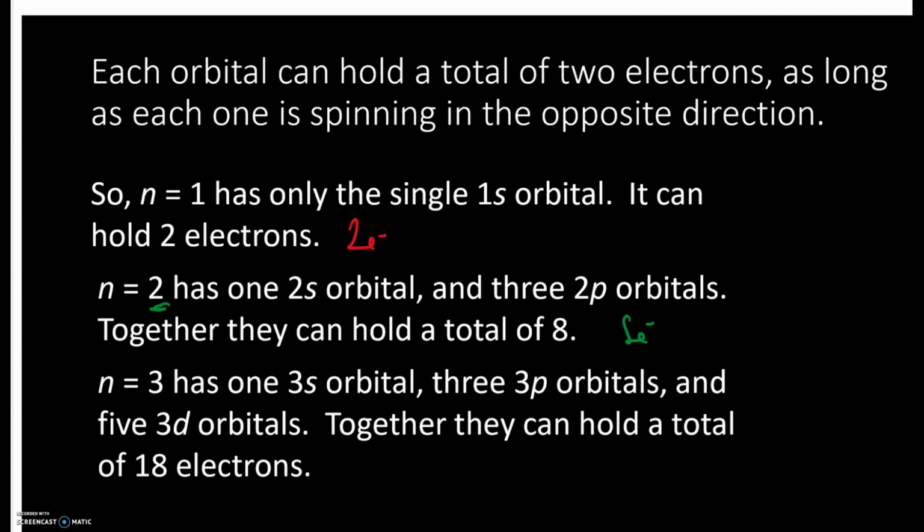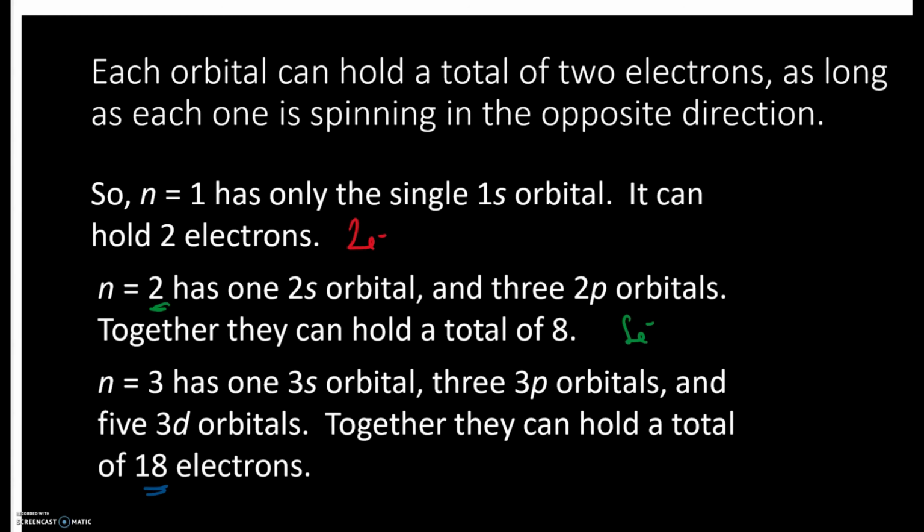Energy level 3 has 1 3s orbital, which can hold 2, 3p orbitals, which can hold a total of 6 between them, for a total of 8, and 5 d's for a total of 10. That means they can hold a total of 18 electrons. If you count the columns of the periodic table, you'll see that there are 18.